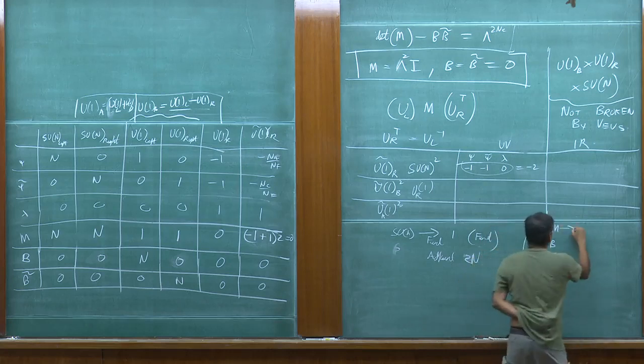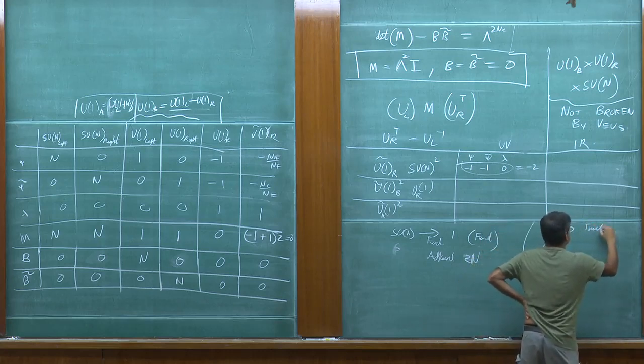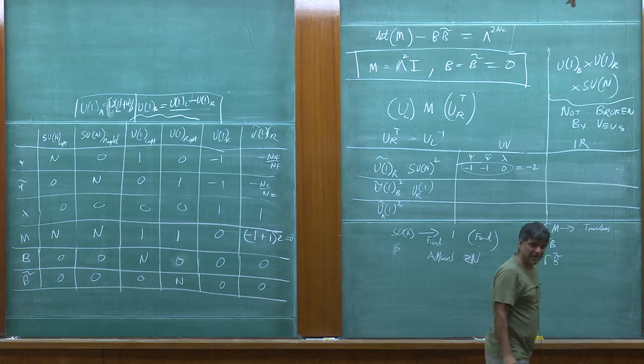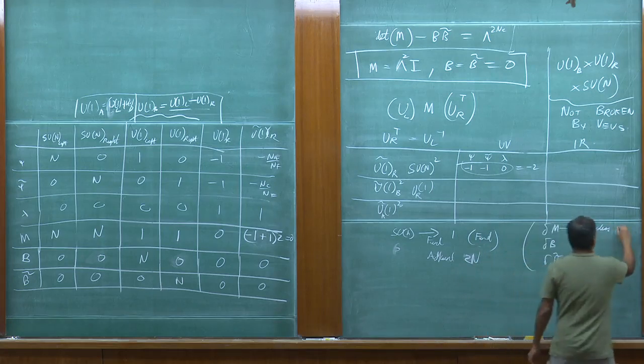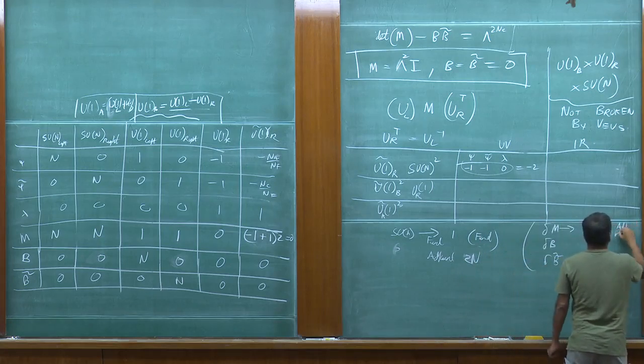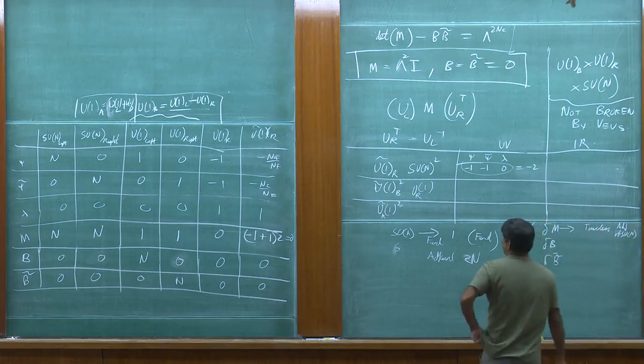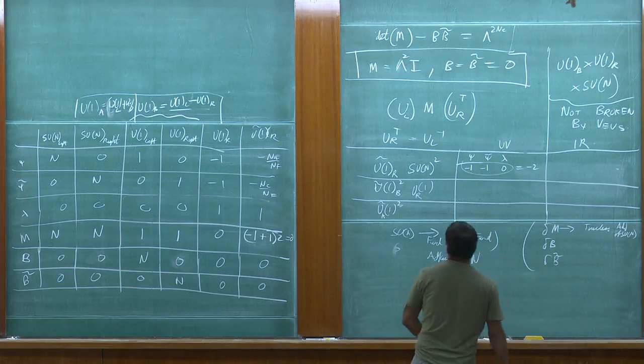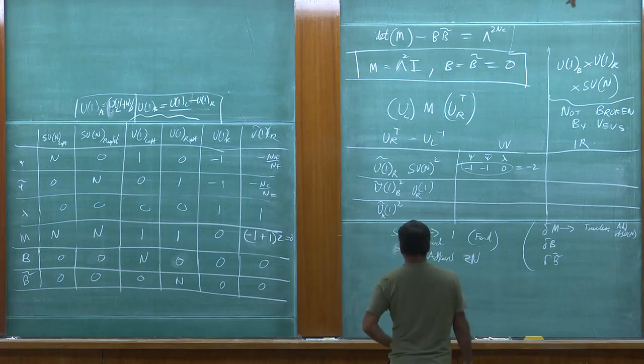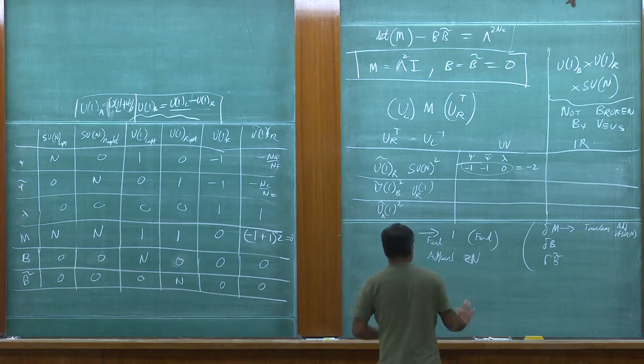This guy is traceless, so it transforms as the adjoint of SU(N). It carries 0 charge. Wait, we have to be careful.